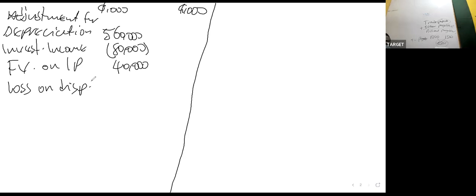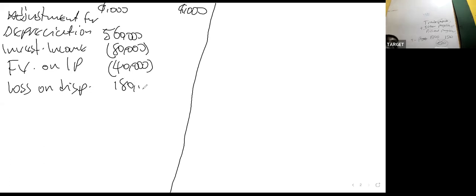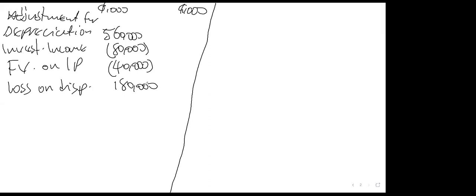Fair value gain, they've also added to the profit, so I subtract. Loss of 180,000. Have they added it to profit or subtracted it? They have subtracted it. So do I add back or subtract?